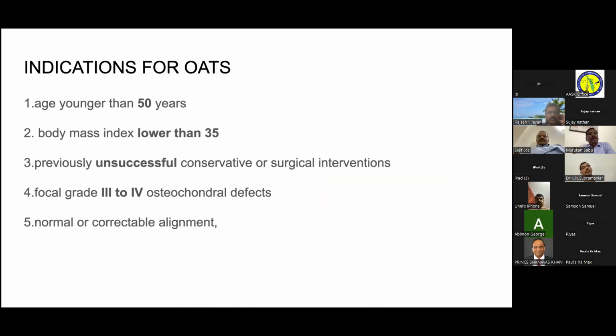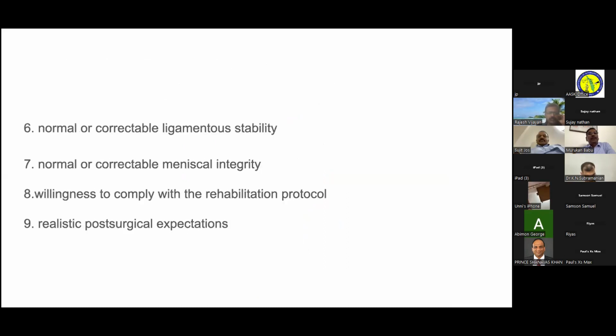The broad indications are age younger than 50 years, BMI less than 35, previously unsuccessful conservative or surgical interventions, grade 3-4 osteochondral defects, normal or correctable ligament stability, meniscal integrity, willingness to comply with the rehabilitation protocol, and realistic post-surgical expectation. These are given in the textbook as the indications for the OATS procedure.